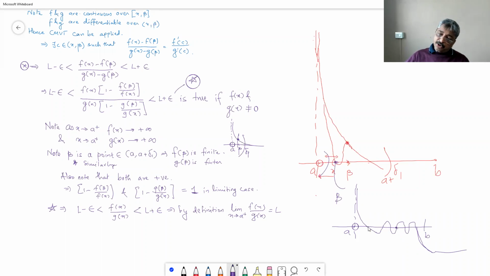Will you be able to find a point between a and beta where the function is never 0? Yes, you will always be able to find that point, because eventually a differentiable function is asymptotic at a and it is tending to plus infinity.